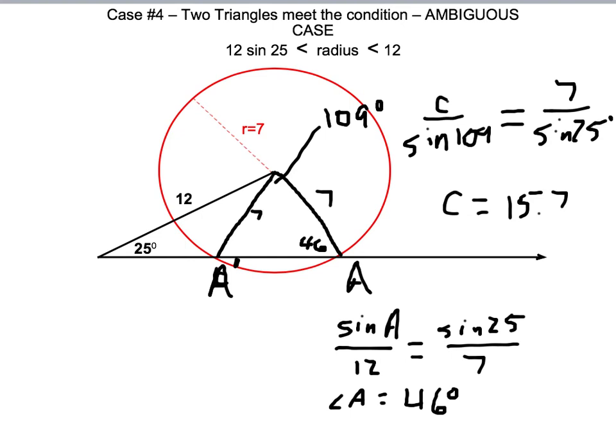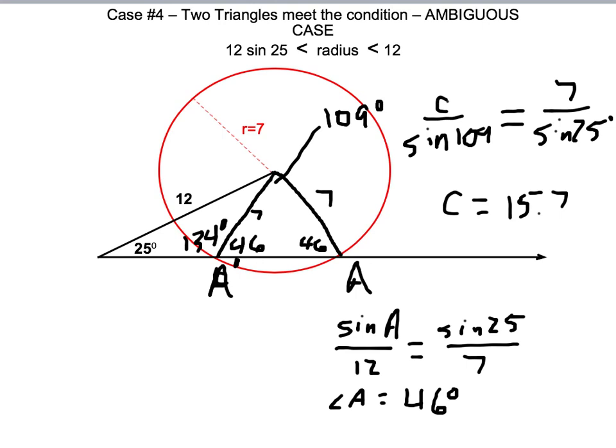It's still the radius of the circle, and so the two radii form an isosceles triangle. So if this is 46, that's 46, and this angle A prime is going to be 180 minus 46, which is 134 degrees.